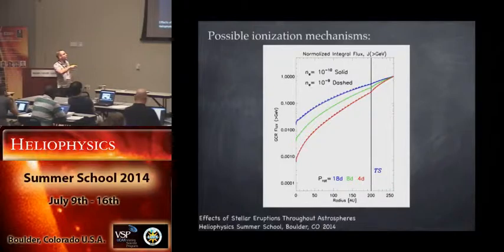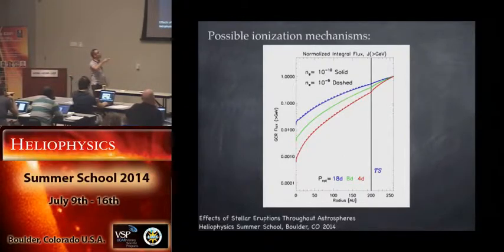This is a log scale of the radius in AU. We used different rotation periods, and you can see that even for a solar rotation period, there is a significant reduction by the magnetic field. And for a faster rotation of 4 days, which is very typical for T Tauri stars with disks, there's an even more significant reduction of cosmic rays at the large distances where the disk occupies.